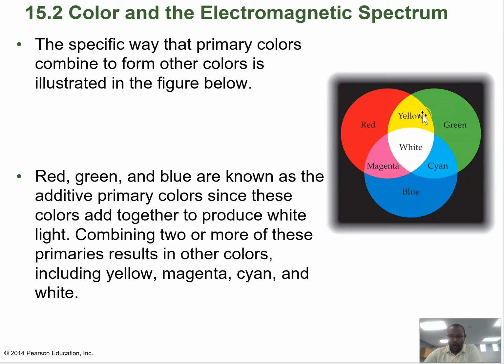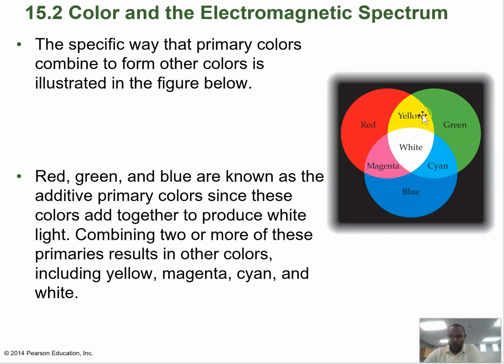When you mix red with blue, you form magenta. And when you mix blue with green, you obtain cyan. But if you mix blue, green, and red, all of them in equal proportion, you will find white.